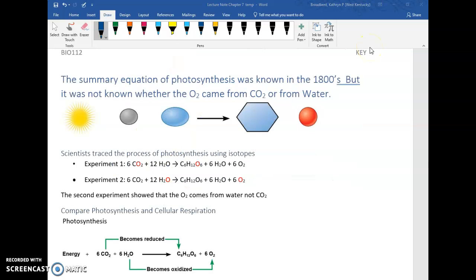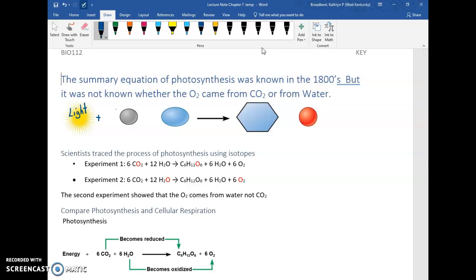So the summary equation of photosynthesis was known in the 1800s, but it was not known whether the oxygen gas that's given off came from the carbon dioxide or the water. So let's look at the summary equation. First, we have to have light energy. We all know that plants don't grow in the dark.